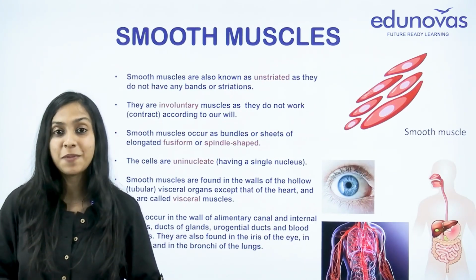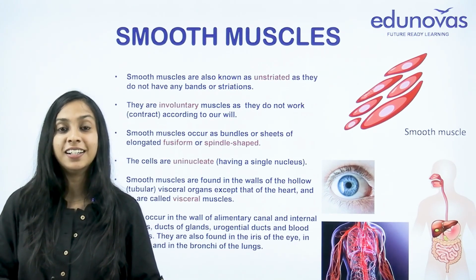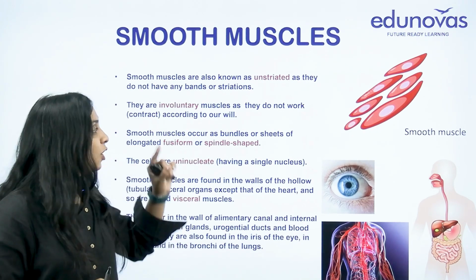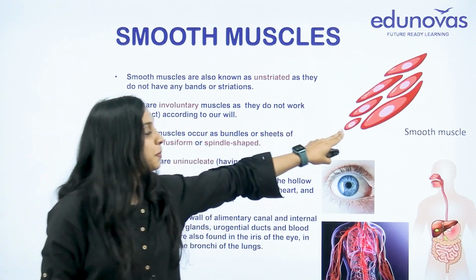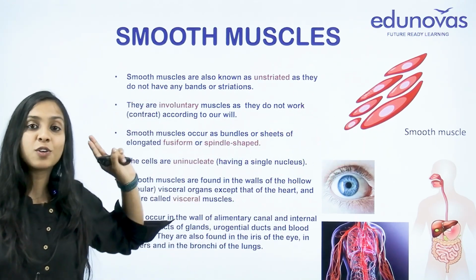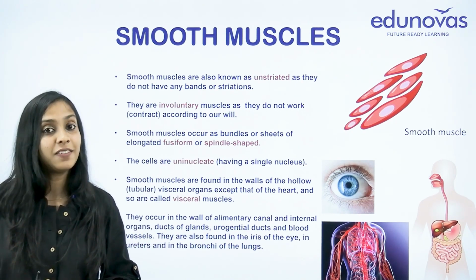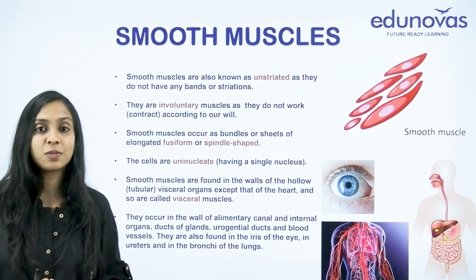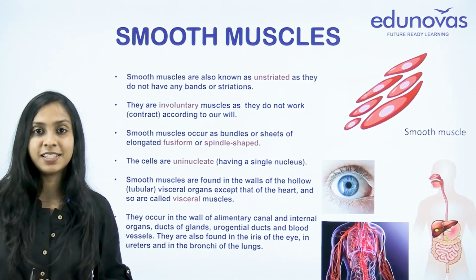The next type of muscle cells we are going to study are the smooth muscle cells. These muscle cells do not have any striations, as you can see in this picture here. That is why they are also called smooth muscle cells. However, you cannot control the movement of these type of muscle cells. That is why they are called involuntary muscle cells.